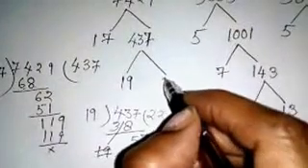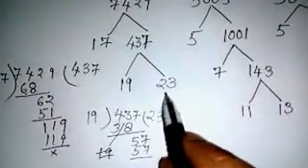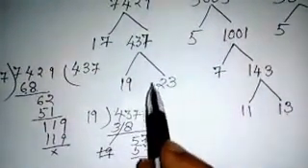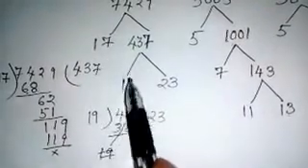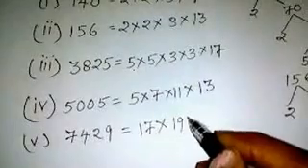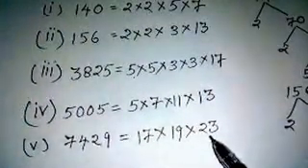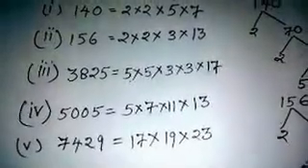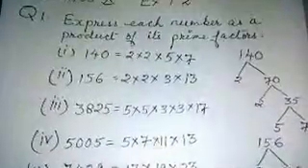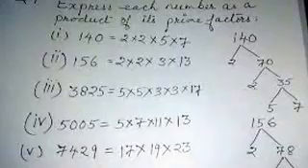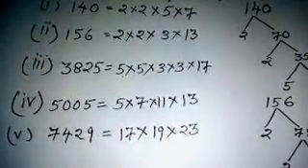It goes 23 times. Now we got a prime number. This won't be further divisible. So we got 3 factors, 17, 19 and 23. This is the product of these 3 prime factors. That's all. This is the first question of exercise 1.2. This explains the fundamental theorem of arithmetic.